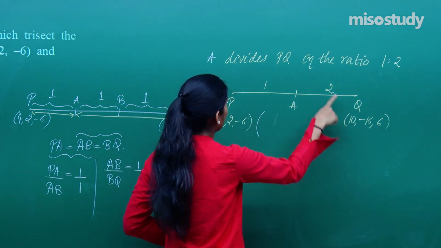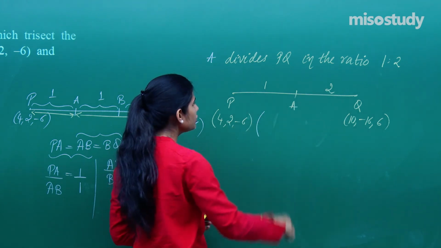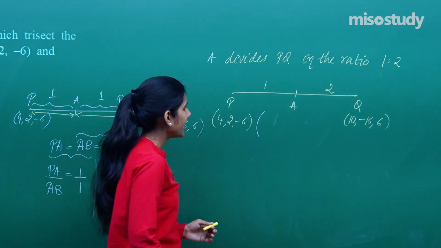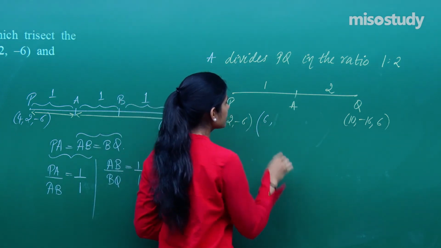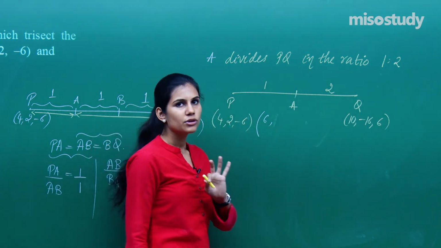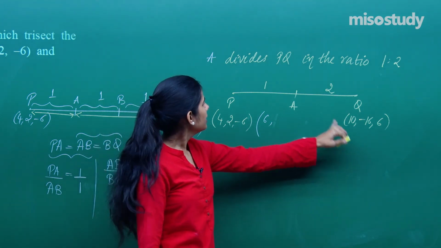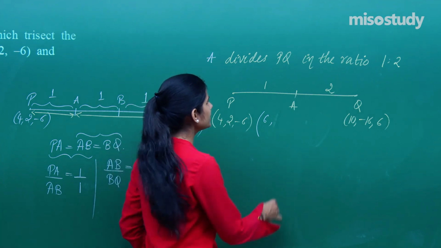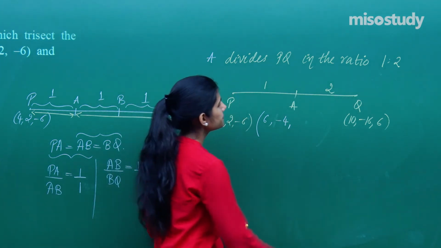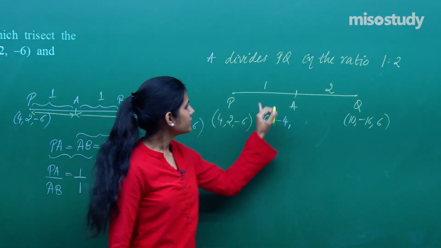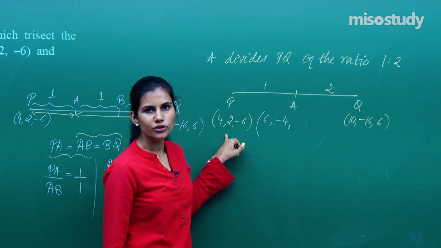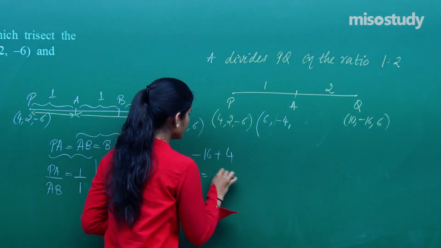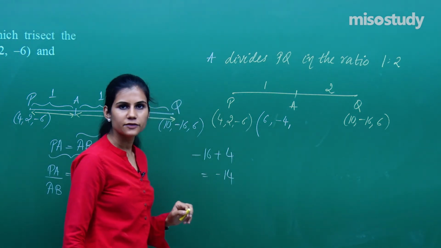1 into 10 plus 2 into 4 upon 2 plus 1. So it is 10 plus 8, 18 upon 3, that is 6. I'm directly doing it, you can obviously do it in the elaborative steps. Minus 16 plus 4 is minus 12, minus 12 upon 3 is minus 4.